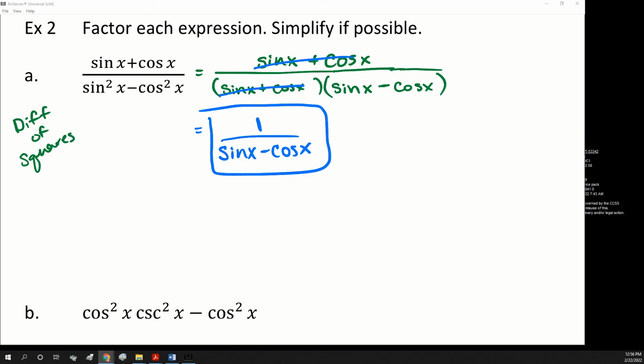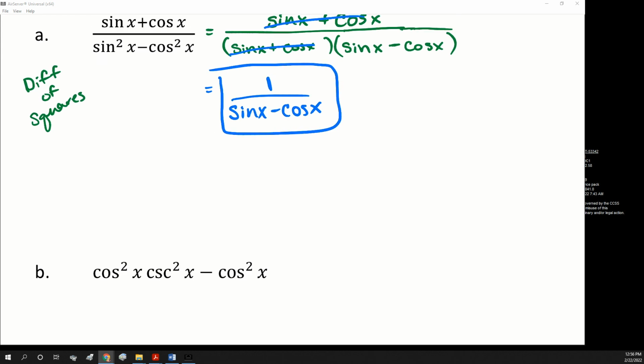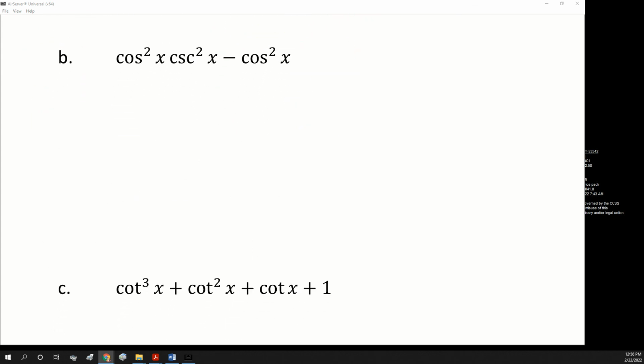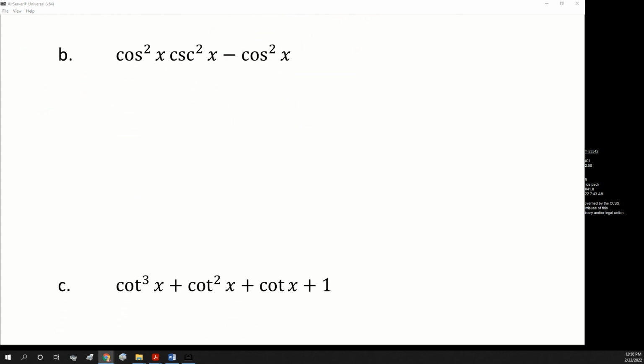All right. When we look at B, it is a difference of squares also, but if we factor it that way first, we won't be able to simplify it like we can. So instead, this one, first thing we're going to do is factor out a common factor.